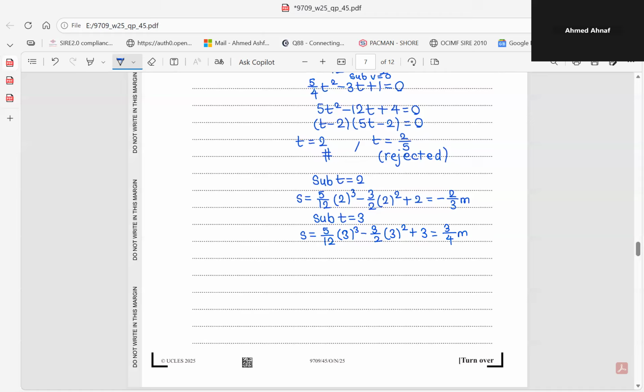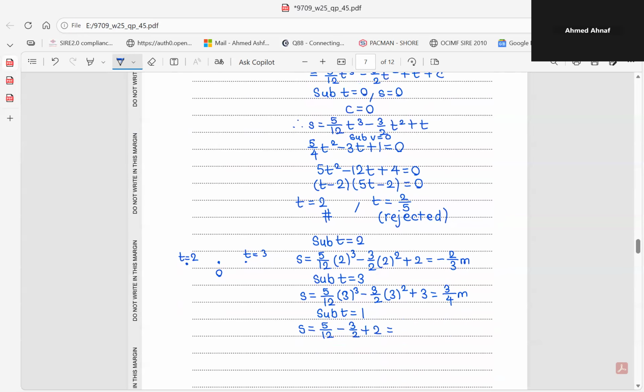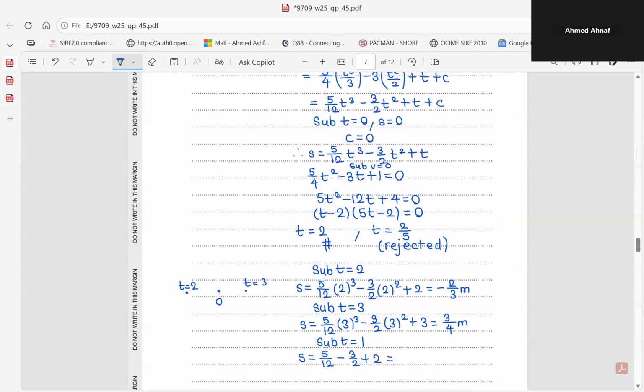Okay, so this is the point O. At t equals 2, it's at negative, and then t equals 3, it's here. Let's find out what t equals 1 is. 5 over 12 minus 3 over 2 plus 1, you would probably get a negative answer. Wait, sorry, oh, we didn't get a negative answer.